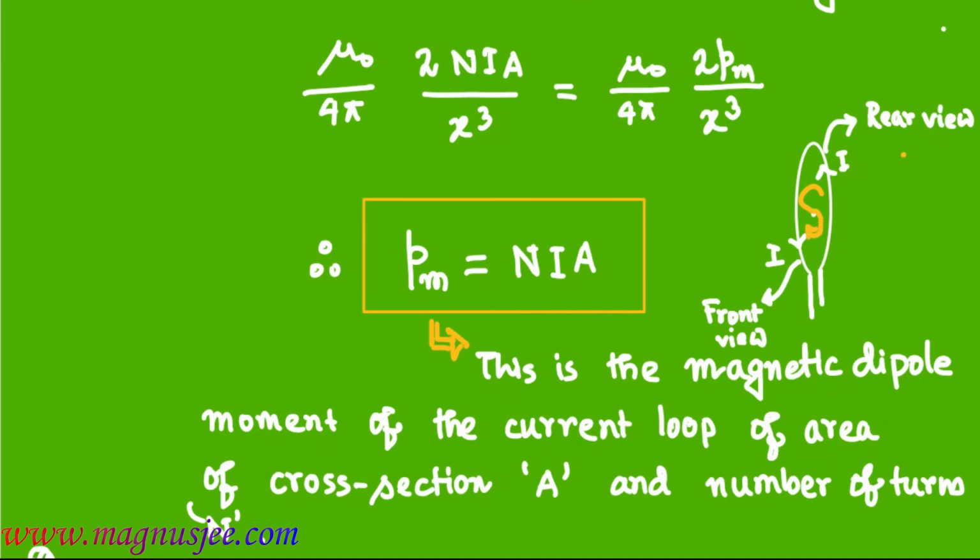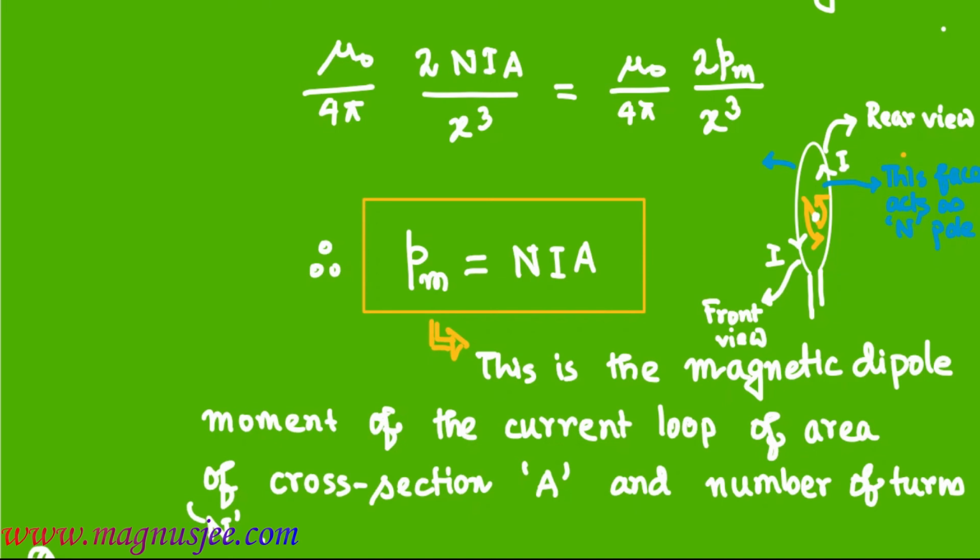With respect to the right end or right face of the coil, current appears to flow anti-clockwise. That face of the coil behaves as a magnetic north pole, N pole.